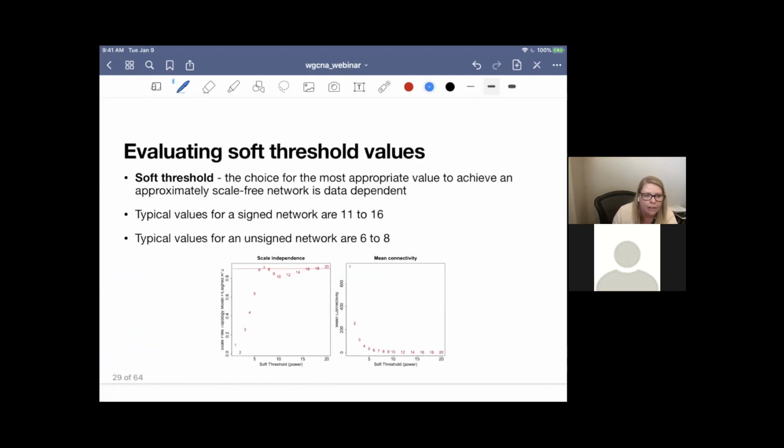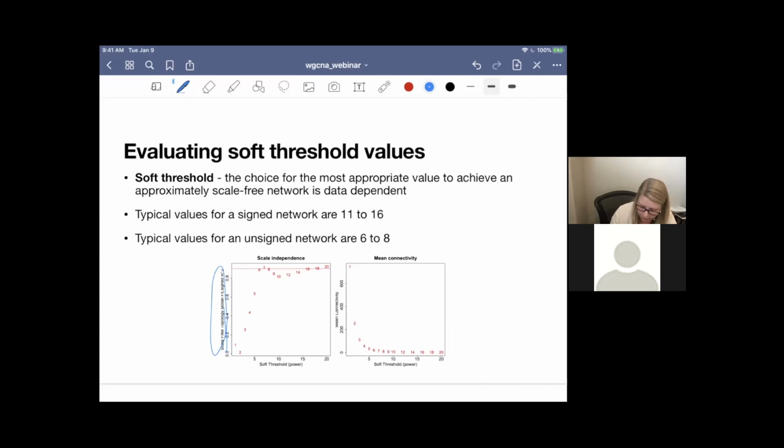How do we evaluate what kind of soft threshold to use? Within the WGCNA R package, they evaluate many soft thresholds and then look at the R squared for how well it fits a scale-free network. How close are we to a scale-free network? A higher value means it's more similar to a scale-free network.